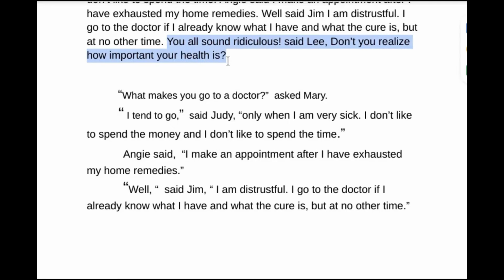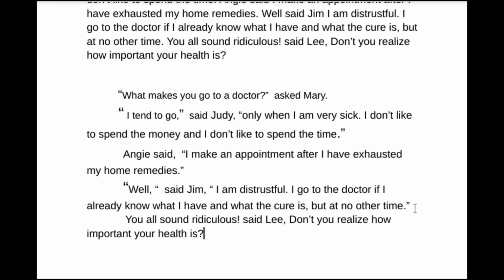So I'm going to take what Lee has said to rearrange it. New paragraph. So we are starting. "You all sound ridiculous," said Lee. We are going to end what he said. We need to end the sentence. This is what Lee says. Then he continues.